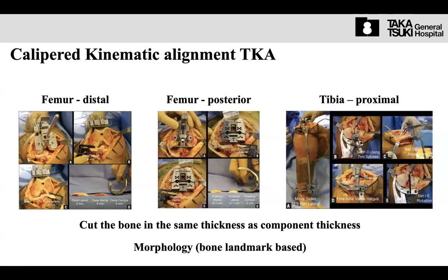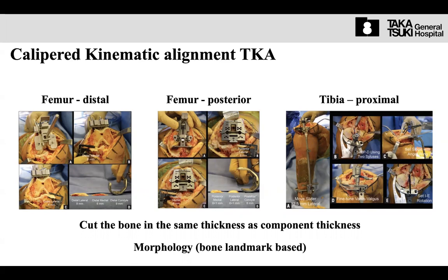Do you understand? In normal mechanical alignment, the sizer should be adjusted to 3 degrees of external rotation. But with kinematic alignment, the rotation angle should be 0 degrees, parallel to the PCA.